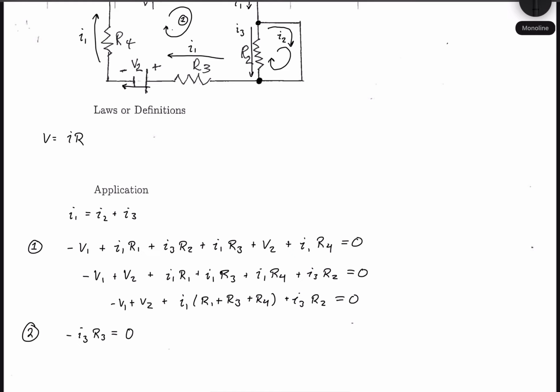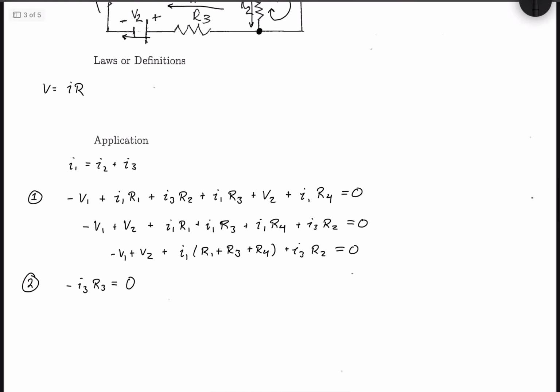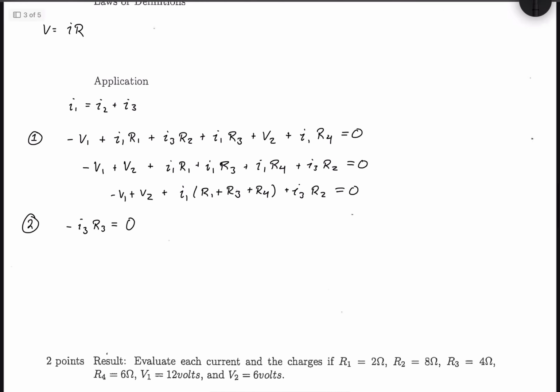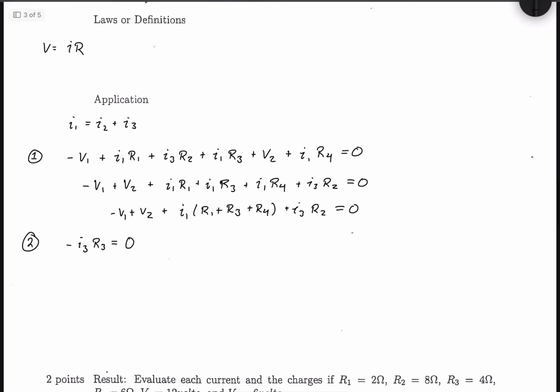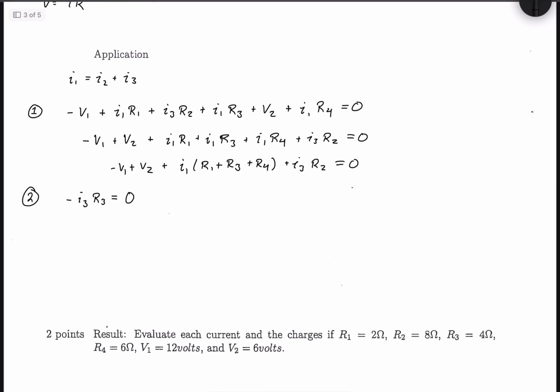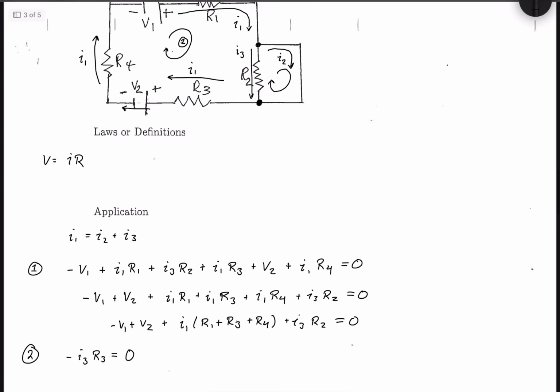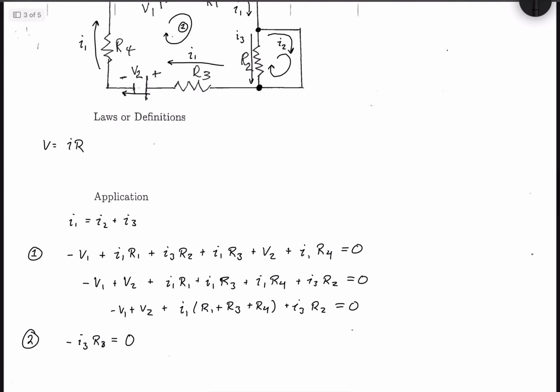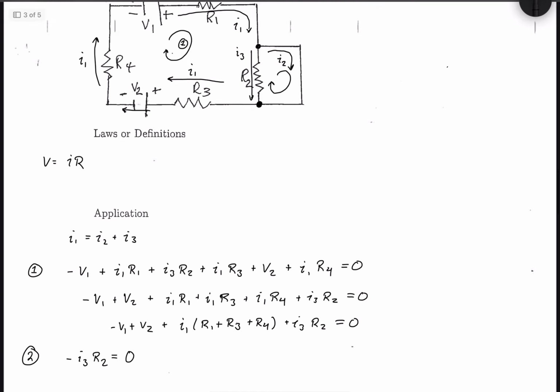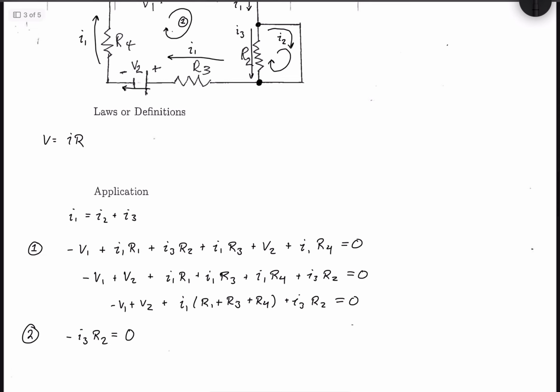What we can tell here immediately is that this might not make the most sense, but consider that resistance 2 right here is an intrinsic property of the circuit.